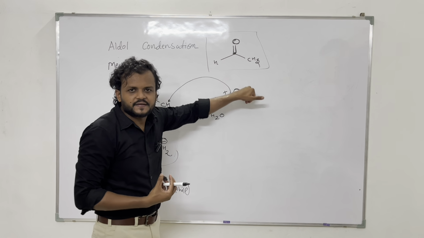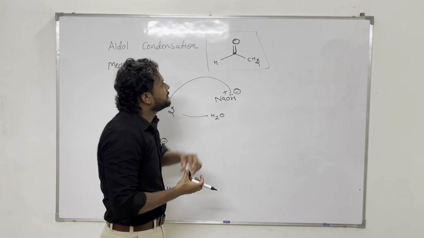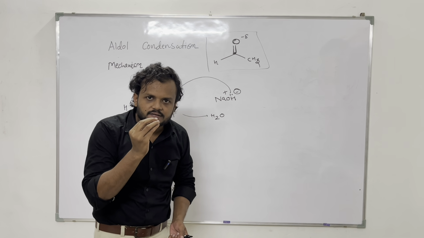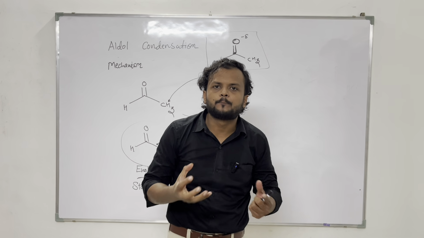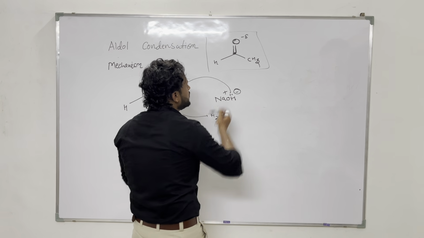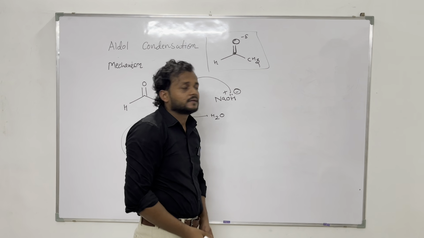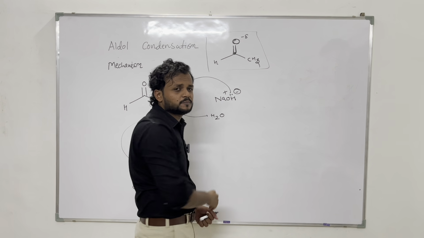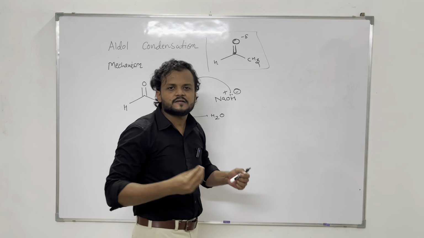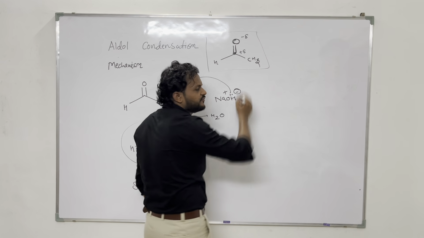Because of that, this oxygen has a partial negative charge. Because of its high electronegativity, it will pull electron density towards it, and the carbon has less electron density because it is less electronegative, so it is in an electron deficient state.